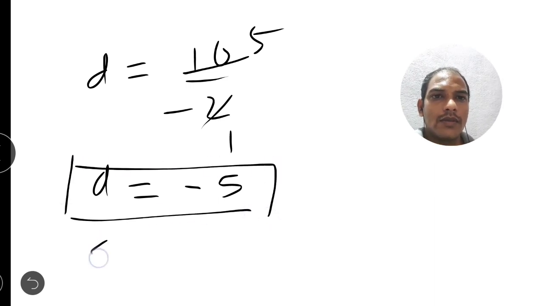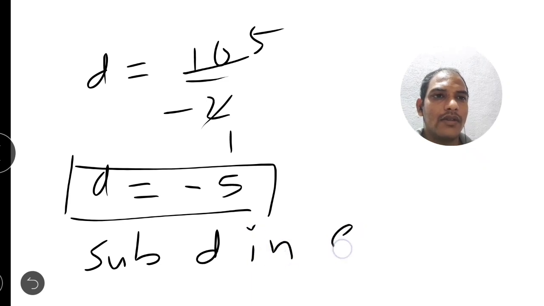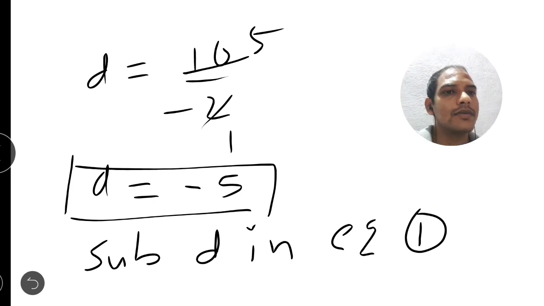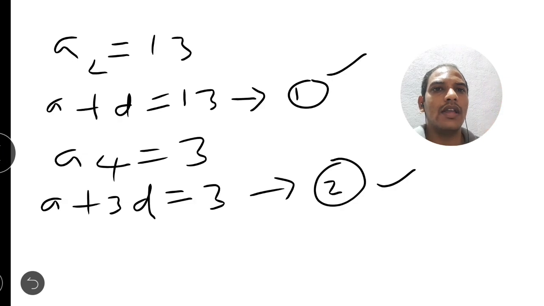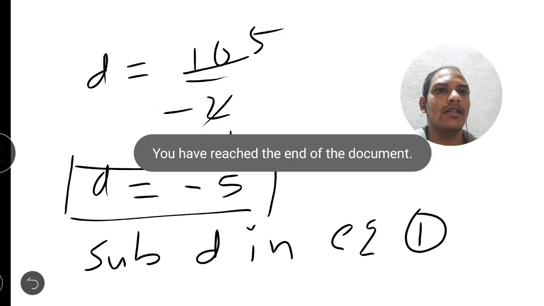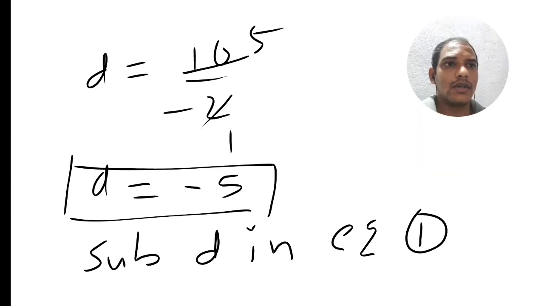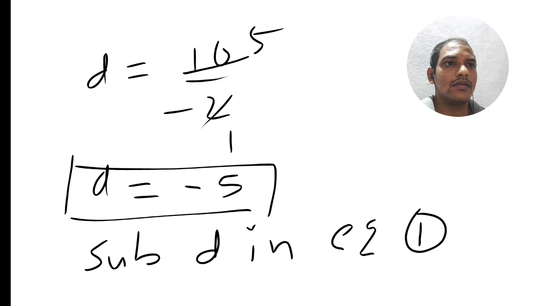So now substitute the d value in any equation, either equation 1 or equation 2. Here I am substituting in equation 1. What is equation 1? a plus d equals 13. So a plus, what is the d value?